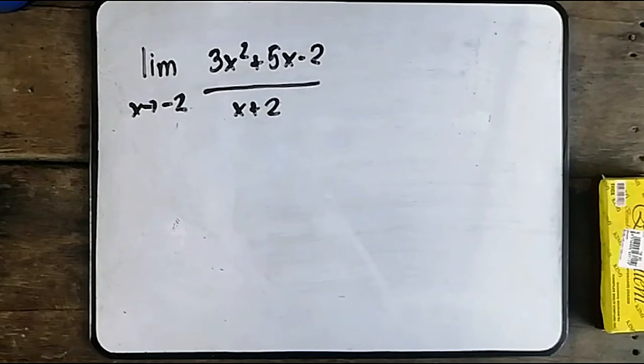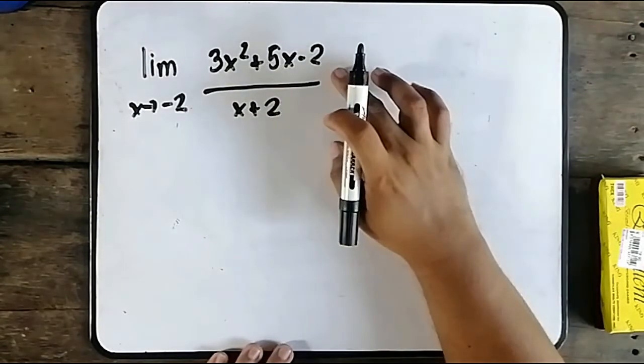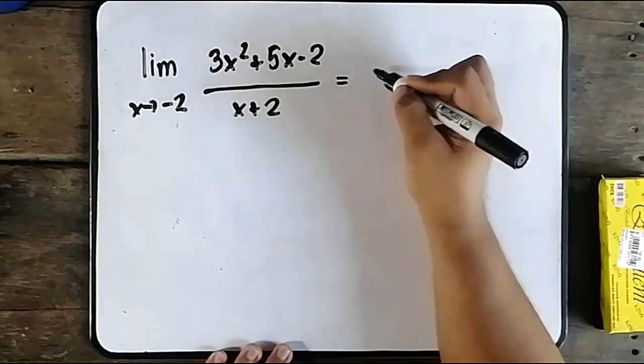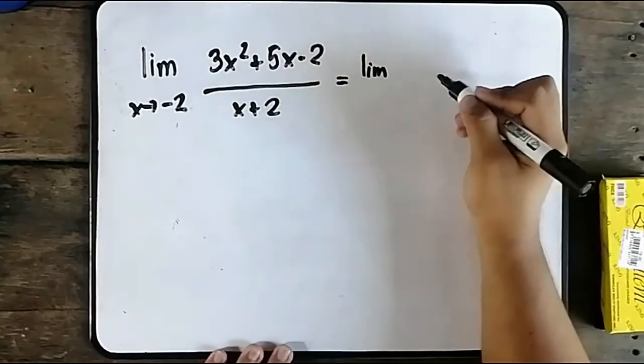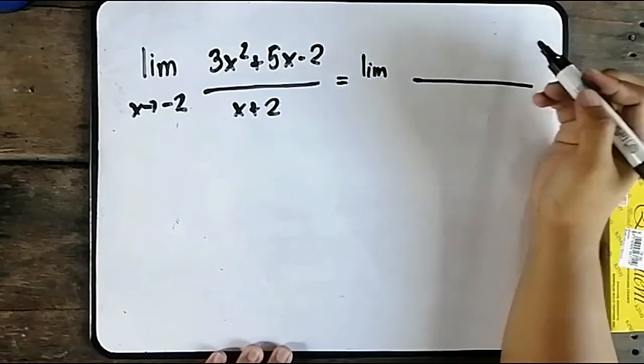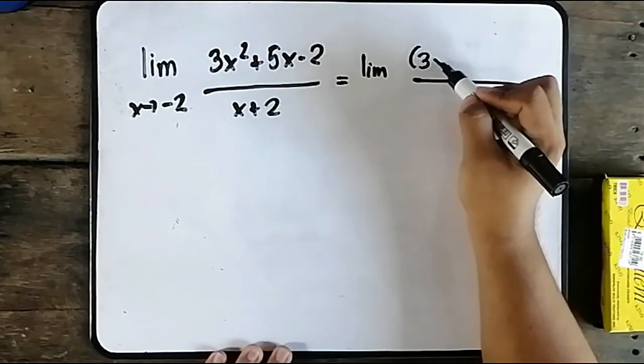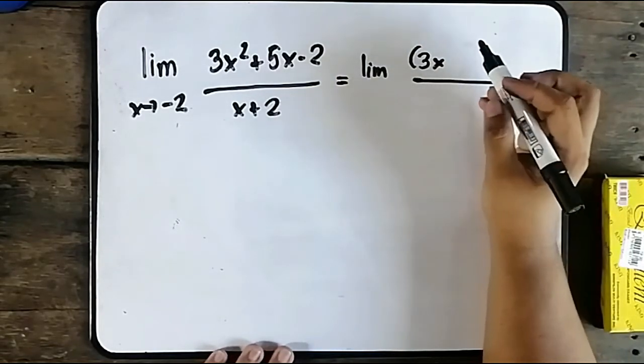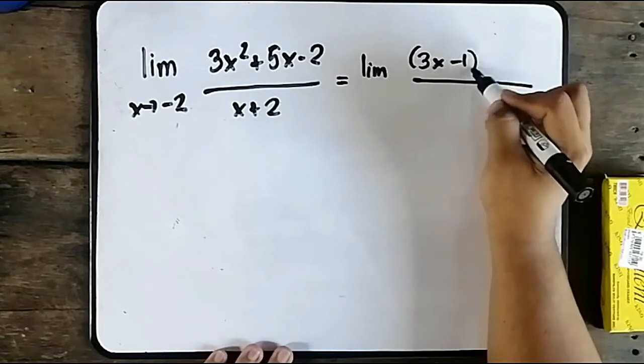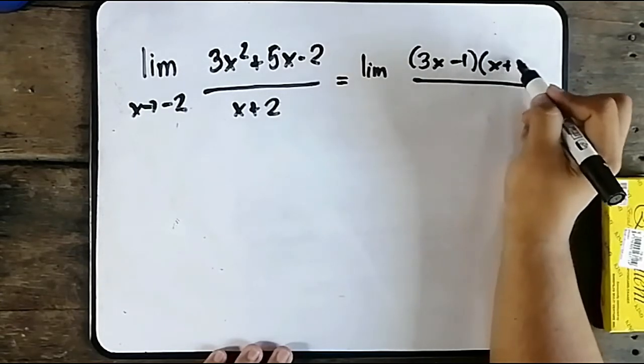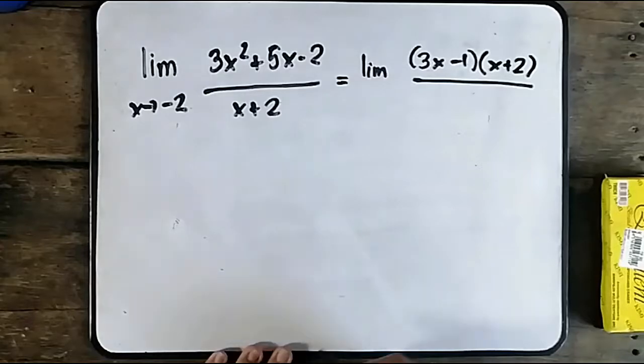So balikan natin yung example natin kanina. Observe that your numerator can be factored out. That is the limit of 3x minus 1 times x plus 2, okay?